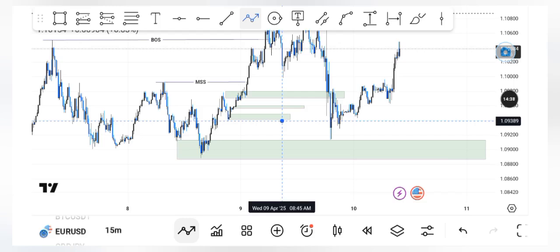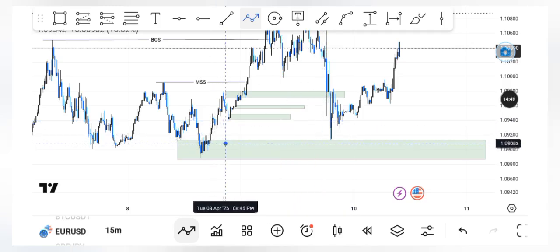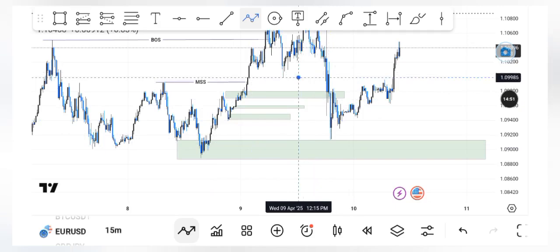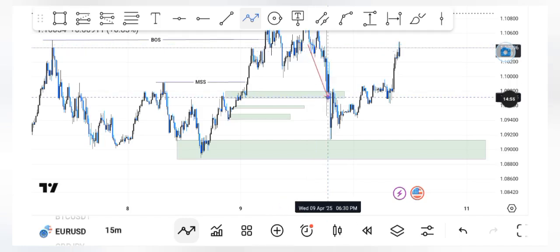We have a lot of liquidity. I'll also be making a video on liquidity, if you want it, on how to spot inducements and liquidity. Then we'll be able to know each and everything.